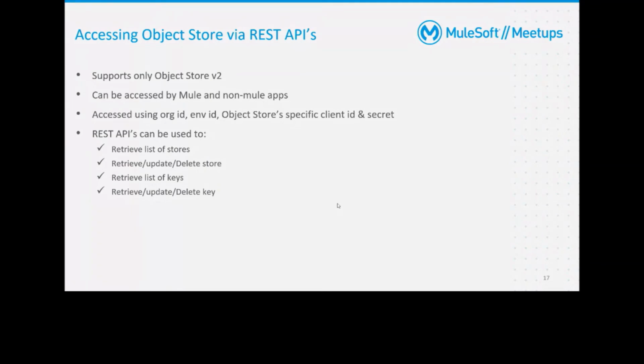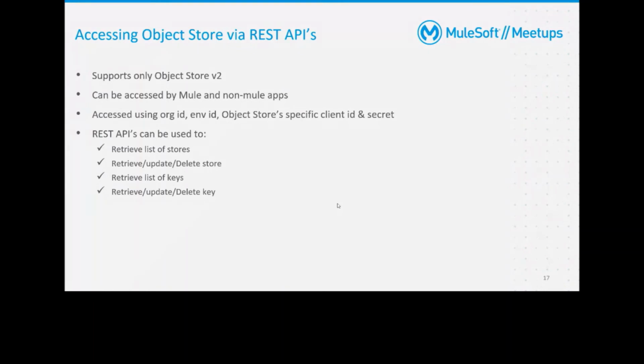One more thing to note here is that this REST API supports only object store v2. We can't do this with object store v1. That is one thing to be noted. And this object store service can be accessed by Mule and non-Mule applications. So it need not be a Mule application. We can use these REST APIs and any application can access this.